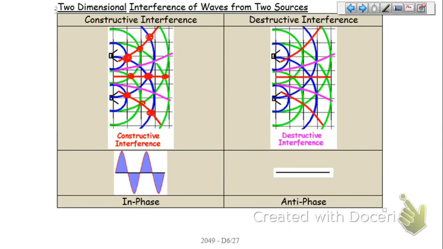If I do the same experiments, the same diagram, but here I'm looking for places where a crest or a compression corresponds to a trough or a rarefaction. So I'm looking for a place like that, or a place like that. And we see that there's avenues of destructive interference.